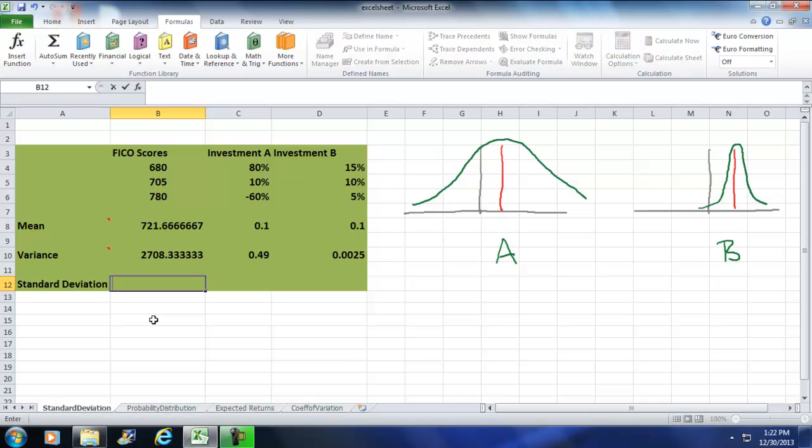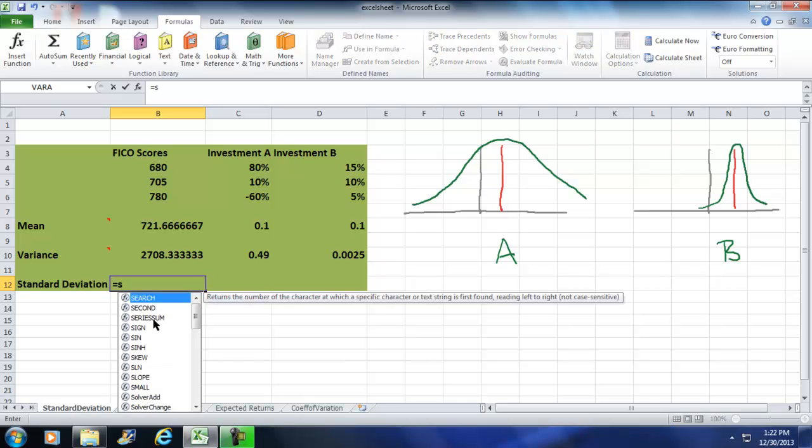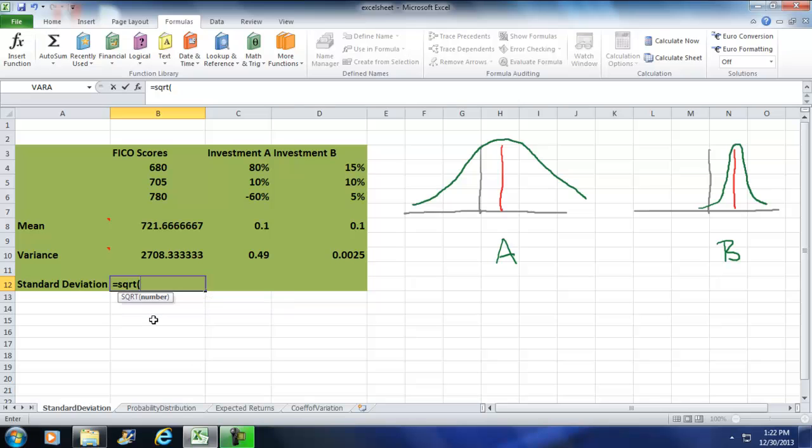I'm going to just go ahead and put equals square root, and I'm going to grab this number here and hit return, and there it is, 52. It's in the same units. I'm going to grab these and pull across, and we can see 7% and a 5%. So we can see investment B is much less risky than investment A. So we'd pick investment B using means, variances, and standard deviations.